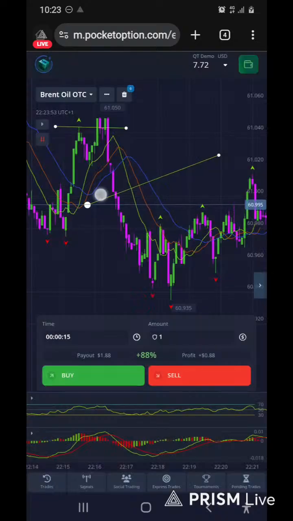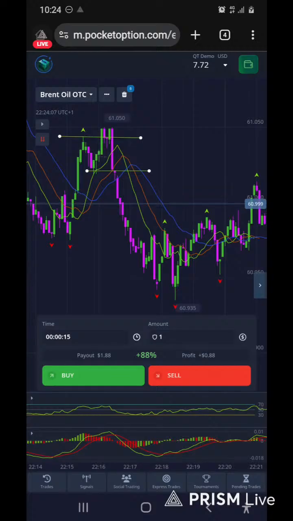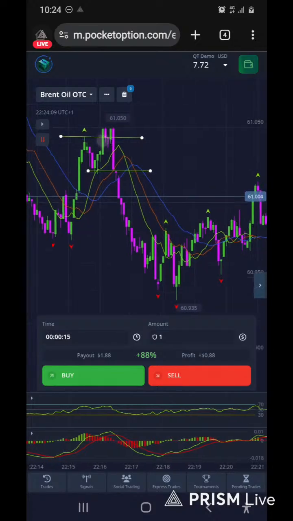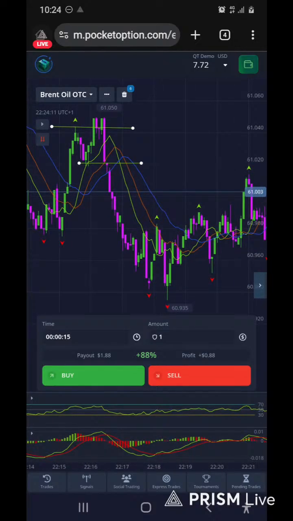This is what we call a market structure shift. It's when market makes a break of structure and sweeps liquidity like this here. This green candle swept here, swept this point here. You get me?